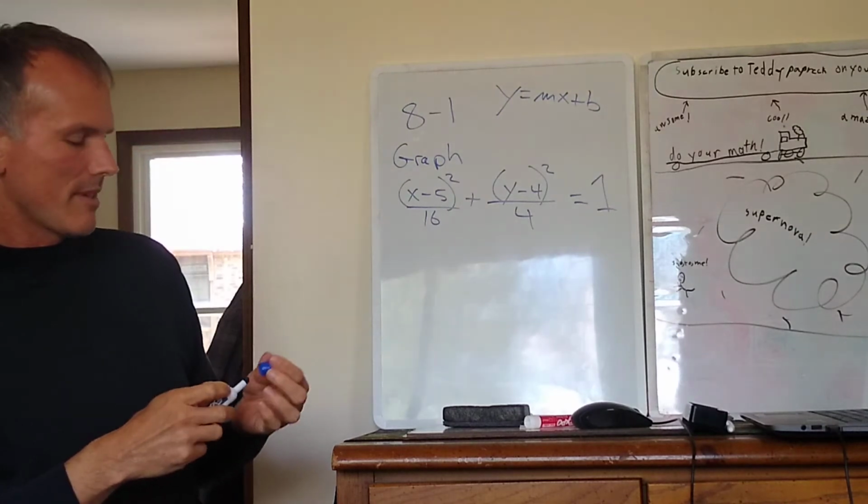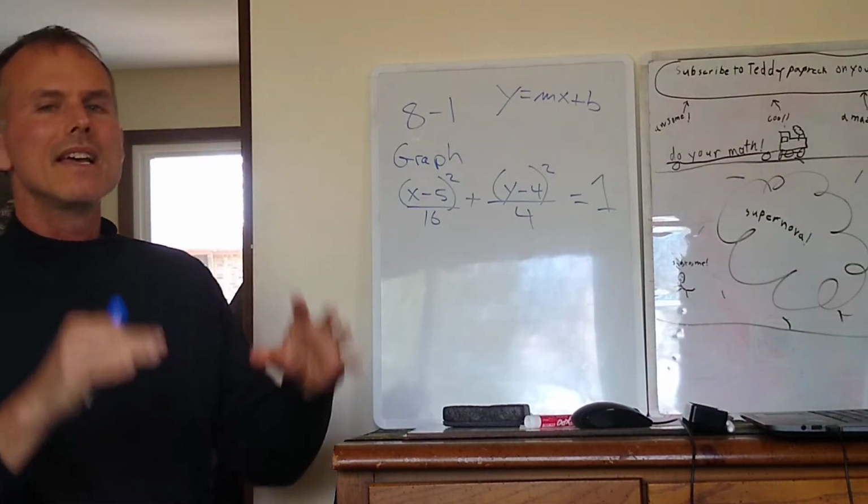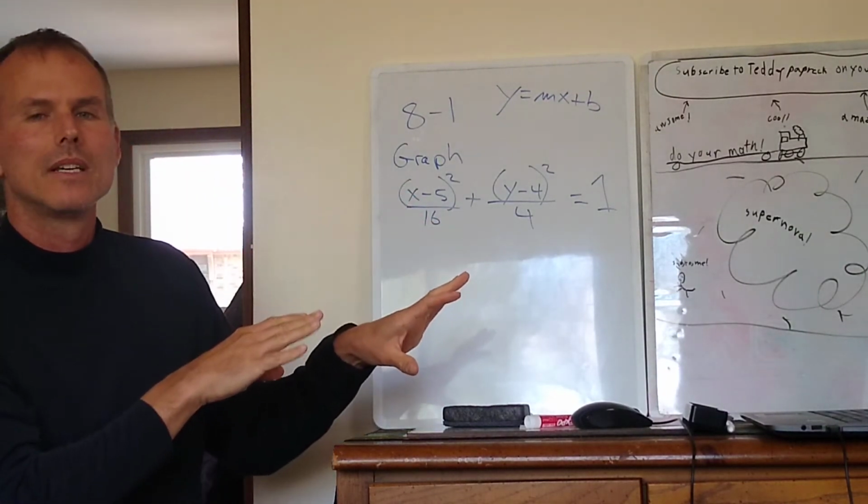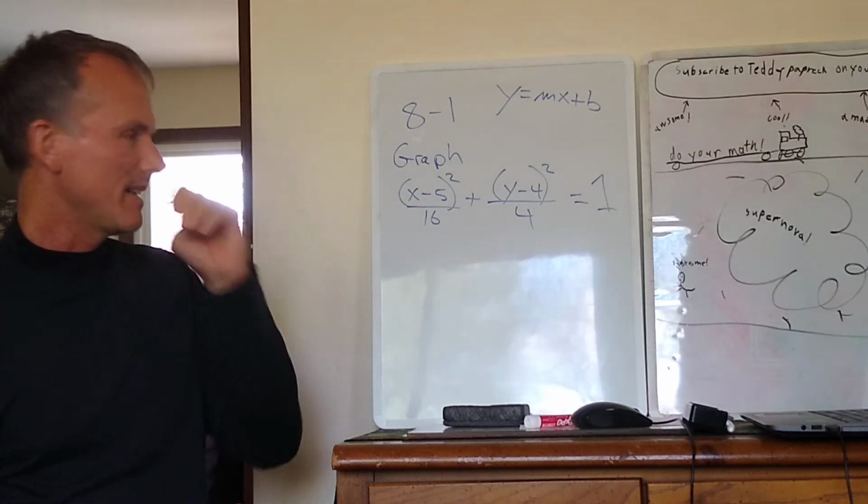So there is the equation of an ellipse. If I graph this equation, it's going to make an ellipse.